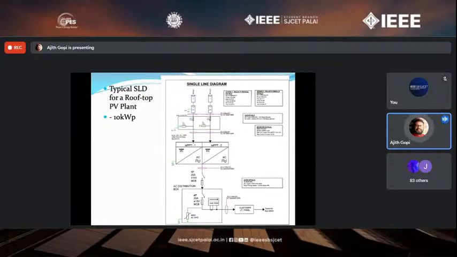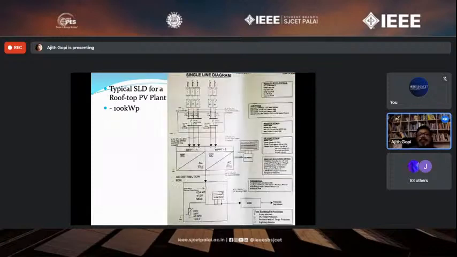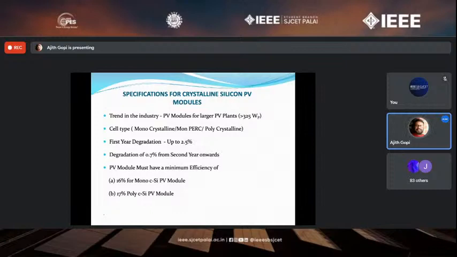If the temperature is going lower, you have higher radiation coming up, higher generation coming up. So this is typical, I'm not detailing much on this side because it will take much of my time. We are almost approaching time, but I'll take another 10 minutes to wind up my session.